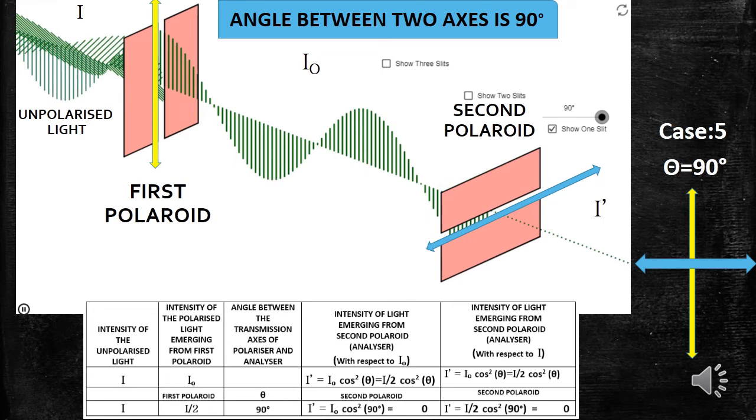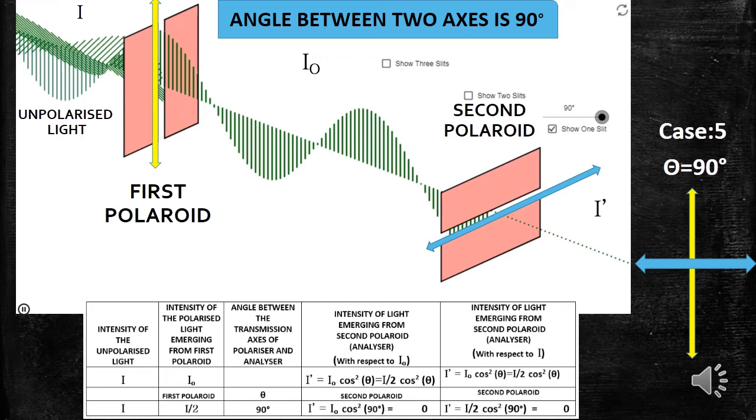Now we are going to calculate the intensity of the light which emerges out from the second Polaroid. Now the second Polaroid is turned through an angle of 90 degree. Now we will calculate the intensity by using Malus law. The formula from Malus law is I dash is equal to IO cos square theta. Here instead of IO, substitute I by 2.